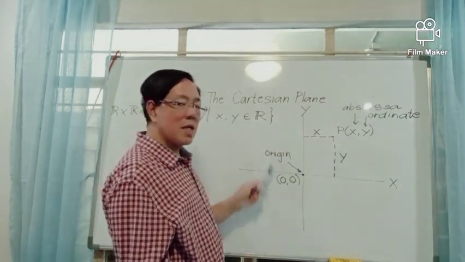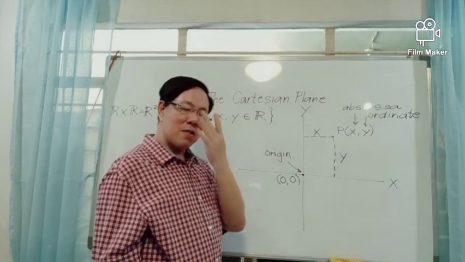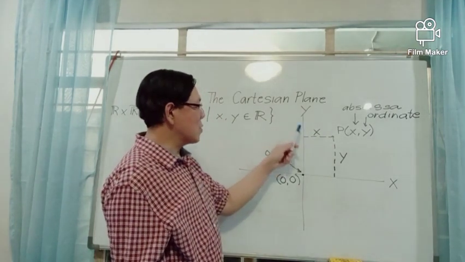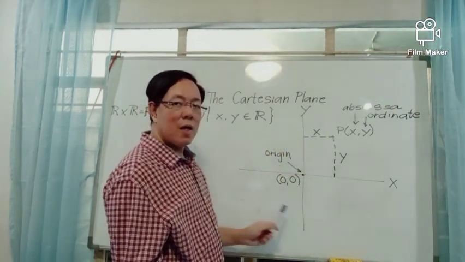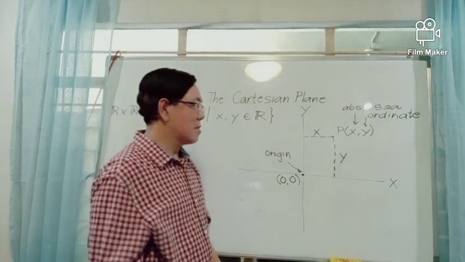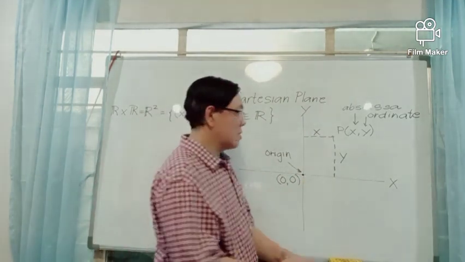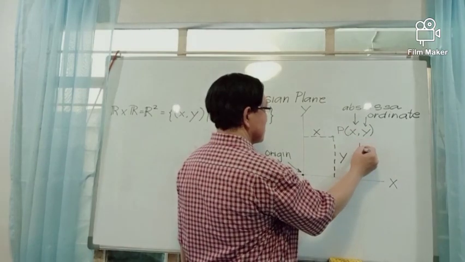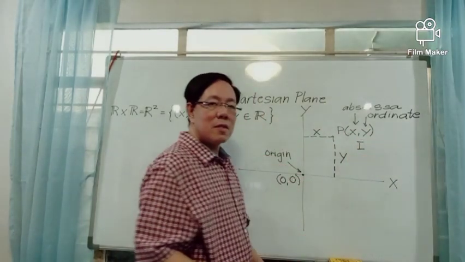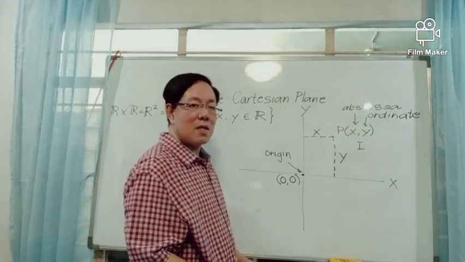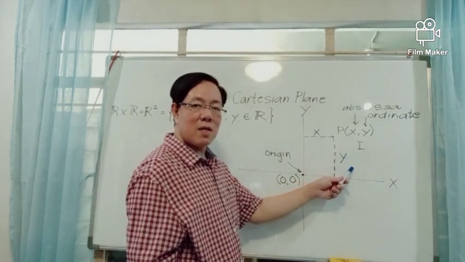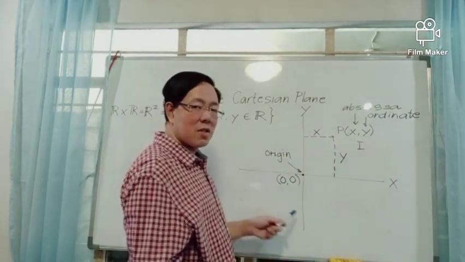The Cartesian plane is, as you can see, divided into 4. And we call these quadrants. This is the first quadrant. The quadrants are counted beginning from this quadrant in counterclockwise direction.